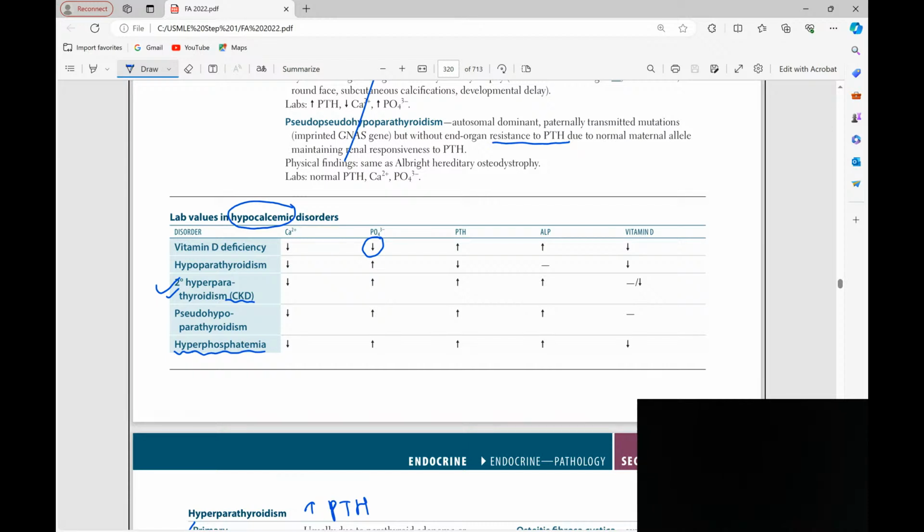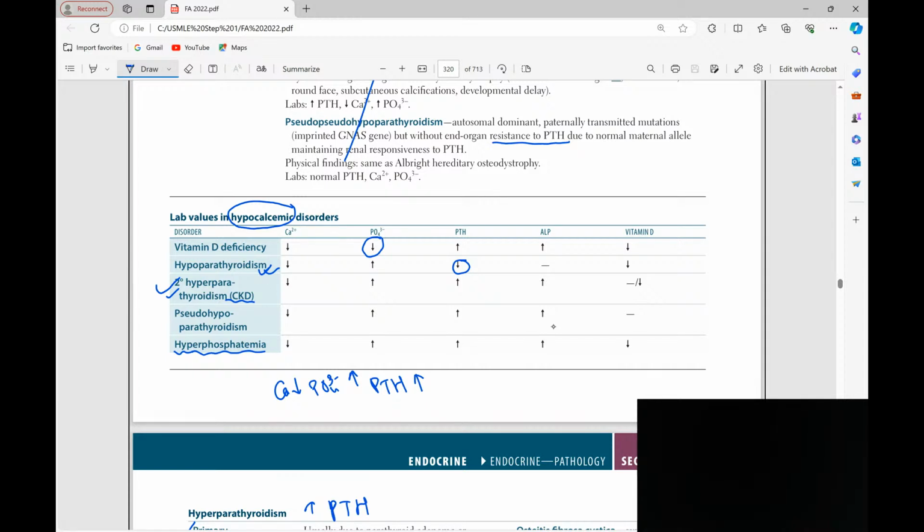And in every aspect, when calcium is decreasing, parathormone is increasing, except in hypoparathyroidism, because the primary pathology is within the parathyroid gland, so it cannot produce enough parathormone. So when calcium is decreasing, phosphate is increasing except in vitamin D deficiency, and parathormone is increasing except in hypoparathyroidism.